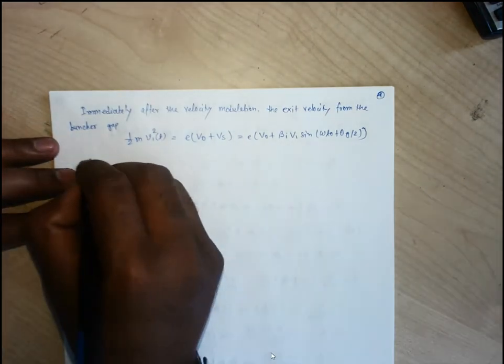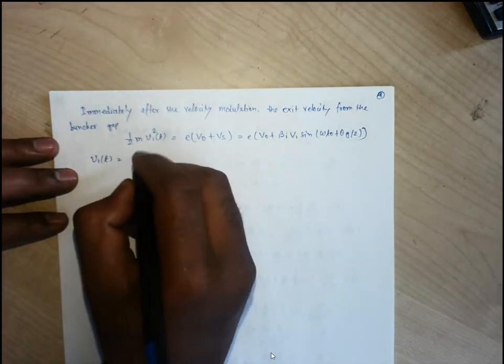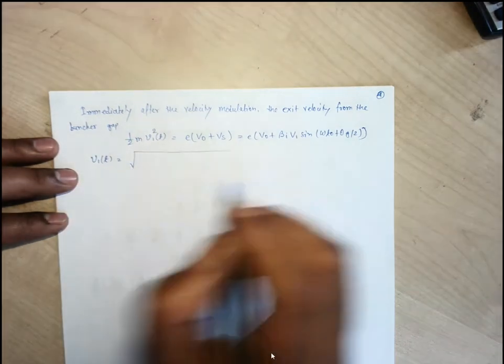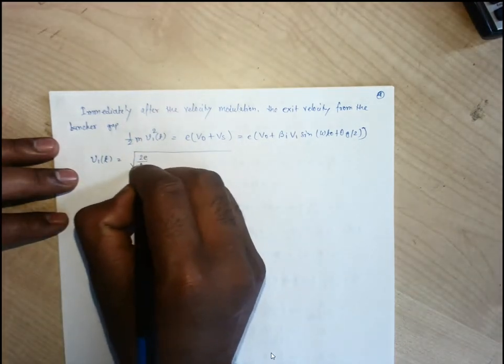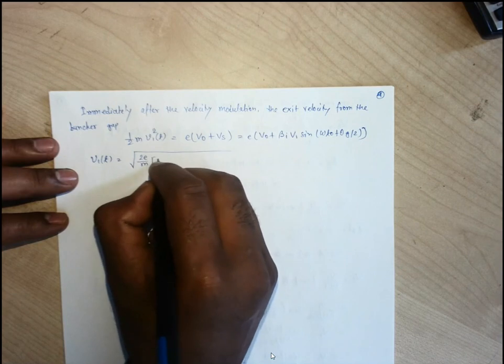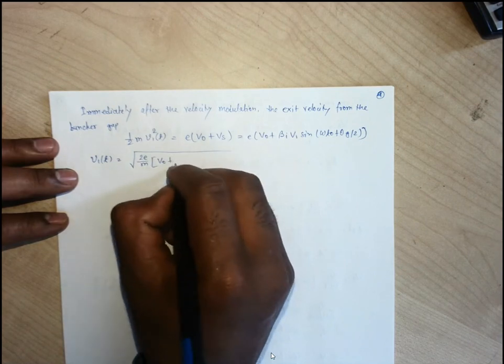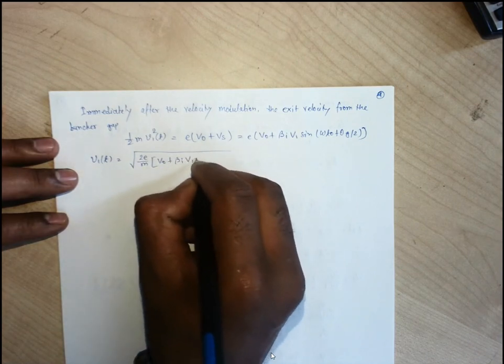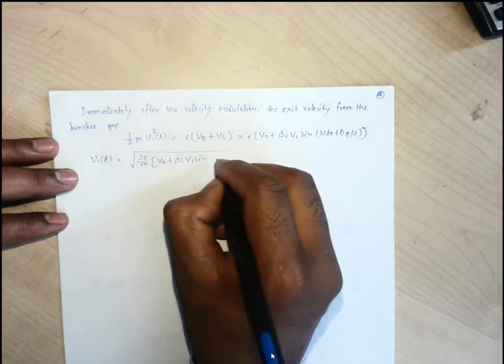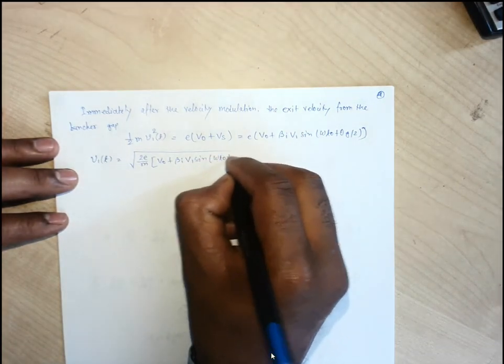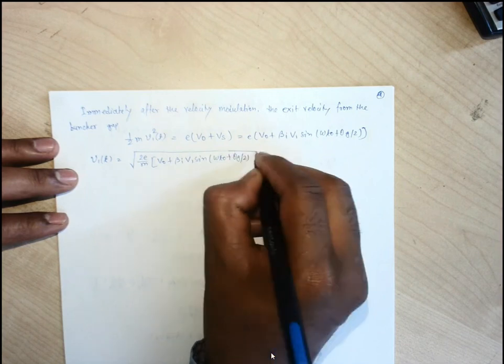So what is this v1t? Root over twice E by m v naught plus beta I v1 sin omega t naught plus theta g by 2.